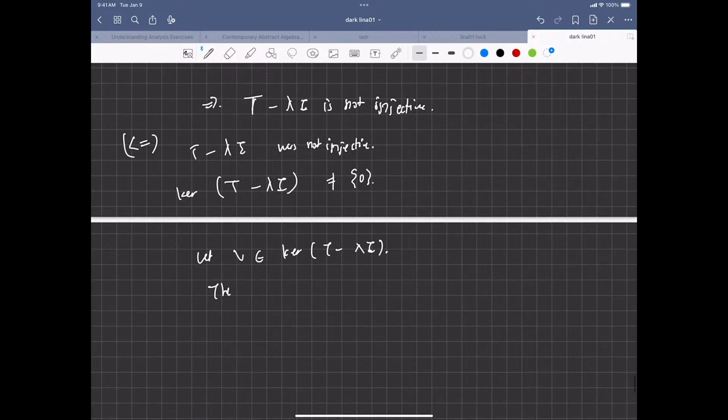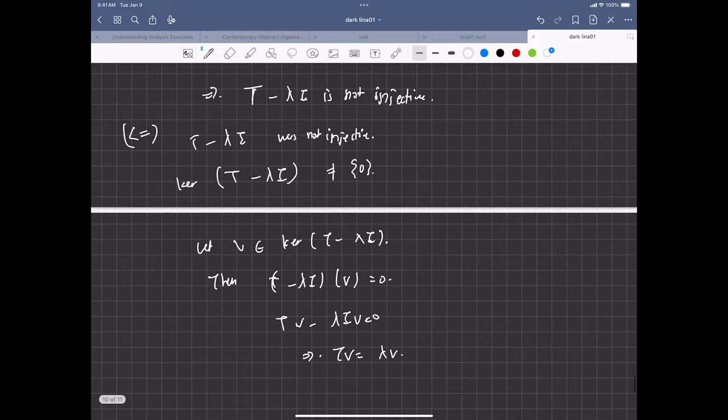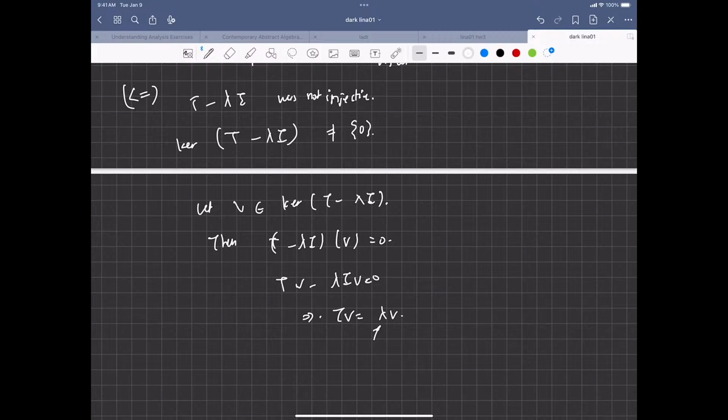Then T minus lambda I of v equals 0. Again, that's simple. So this implies that Tv equals lambda v, so lambda is an eigenvalue.